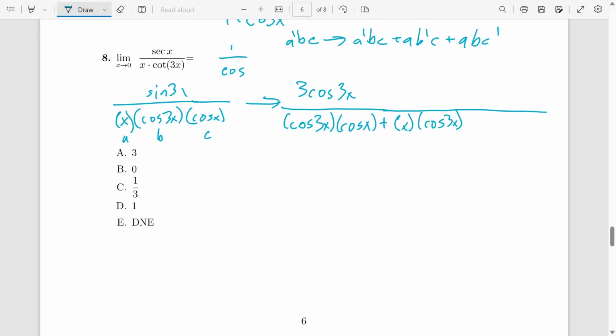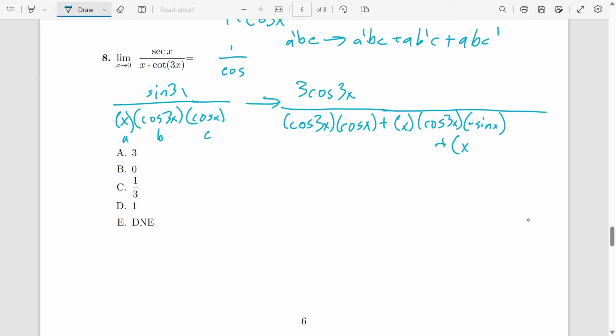plus a times b times derivative of c, which is negative sine x, plus, this is going to be going on the bottom, plus a, whoops, actually on the last one, I accidentally did this part where you do c prime, so I guess with this bottom part now, we'll do a b prime c instead. So let's do that.